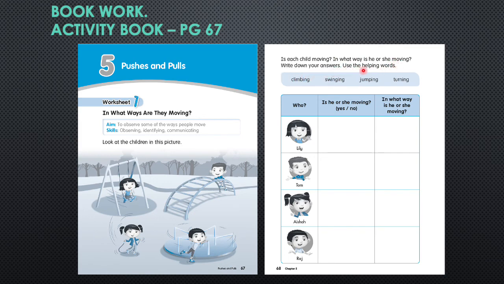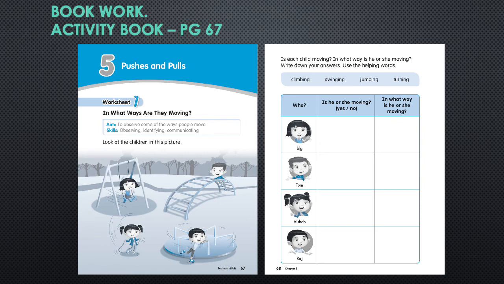Use the helping words. So again, we have climbing, swinging, jumping, and turning. If you are not sure, you can go back to the previous slide and compare the pictures. So we're going to write yes or no for the answer of the question, is he or she moving? And then in what way is he or she moving? We're going to choose from here. Okay? So let's do the first one as an example.